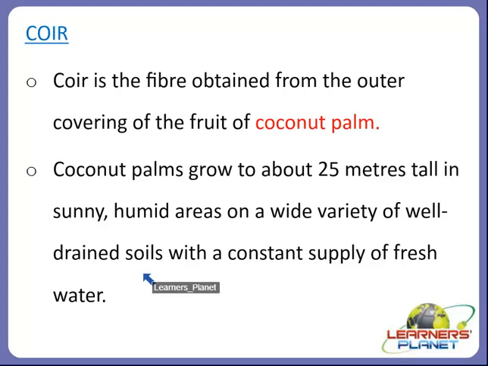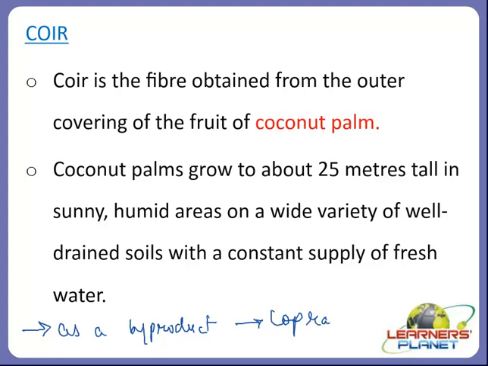So coir is produced as a byproduct of other coconut products such as copra, also called dried coconut flesh. So remember this, that it is produced as a byproduct of other coconut products such as copra, oil and coconut flesh.